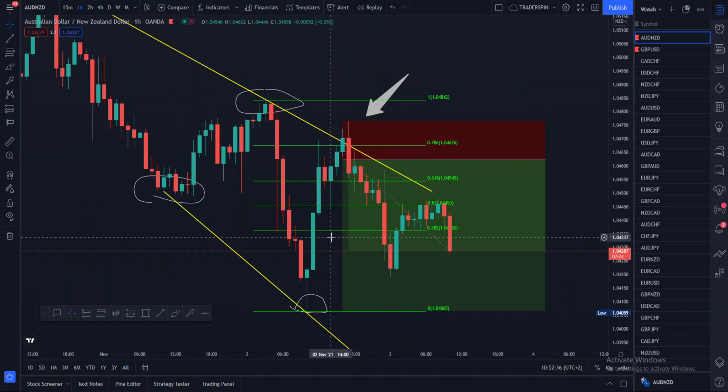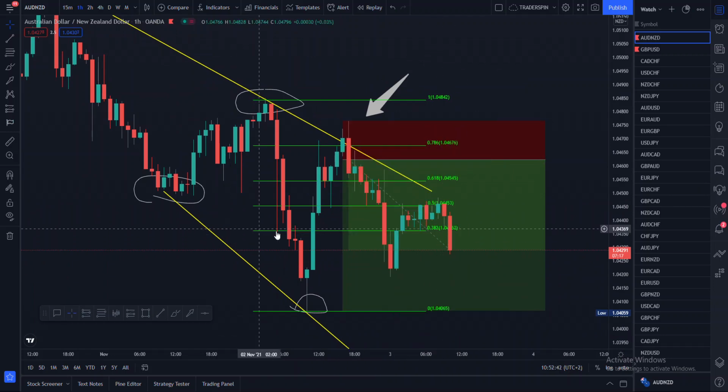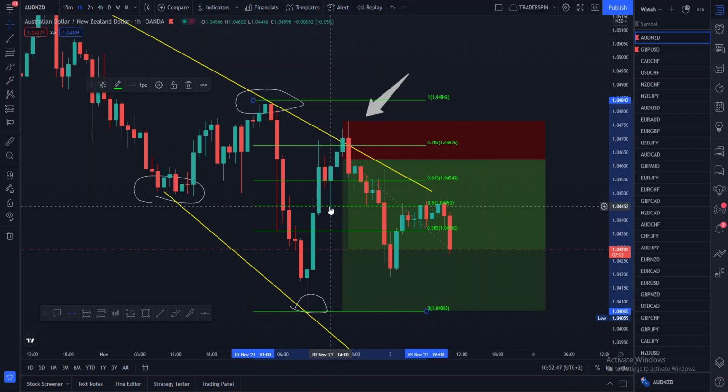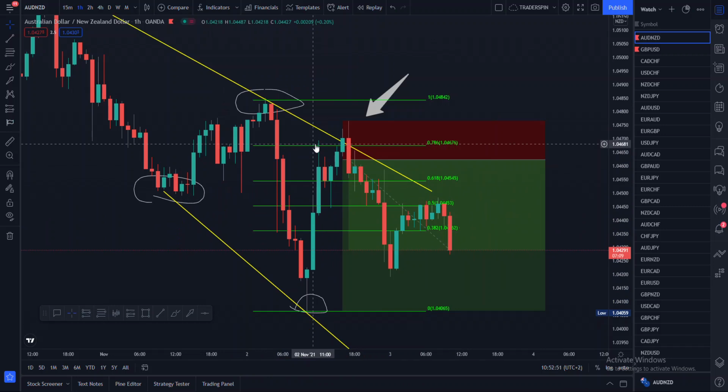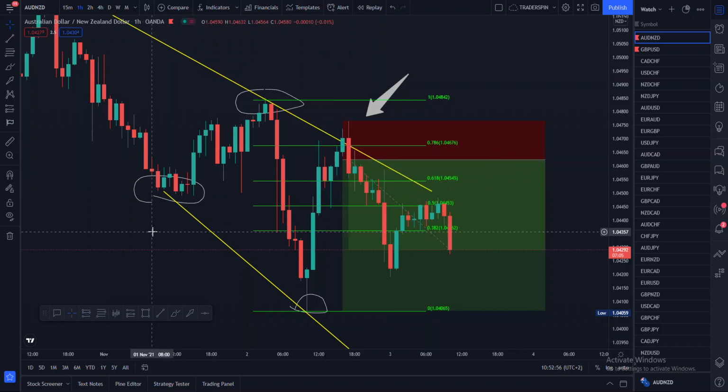Price has to be at least, you don't even consider the 0.382. Price has to at least be at your 0.5 or 0.618 or 0.786. That is where your price has to be.